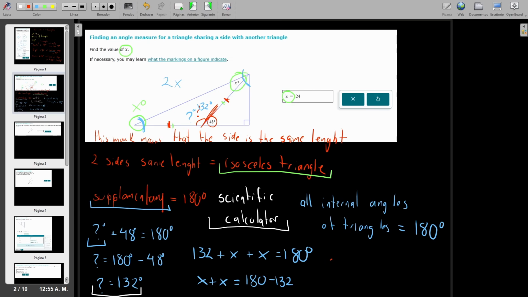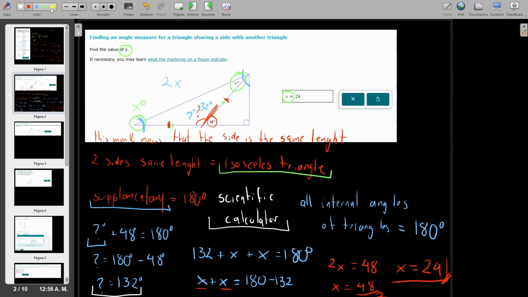Paying attention, 2x equals, what is this result? 180 minus 132 is going to be 48. Now x is going to be 48 over how much? 2. Now again, 48 over 2 is going to be 24. So the value of x is 24.